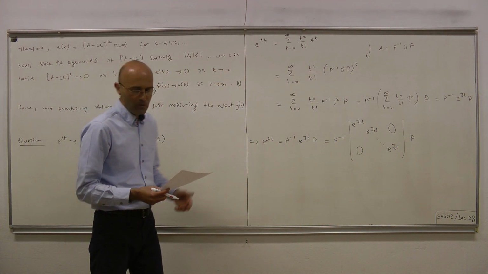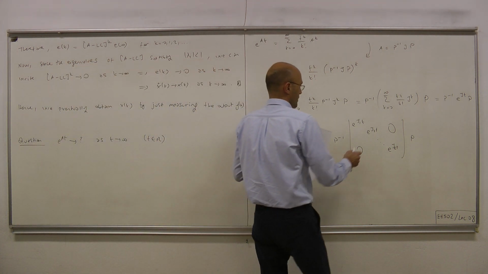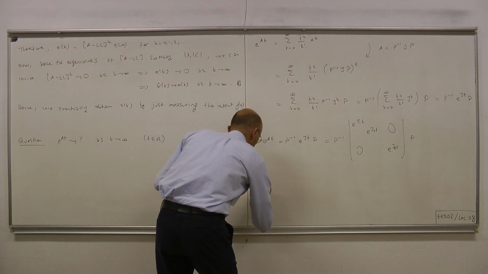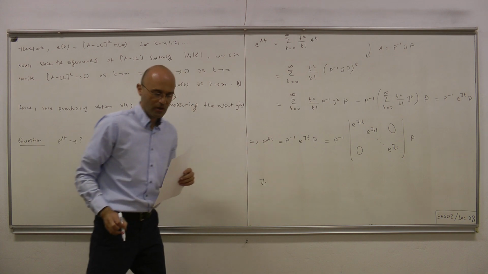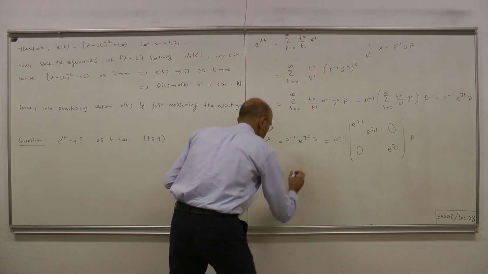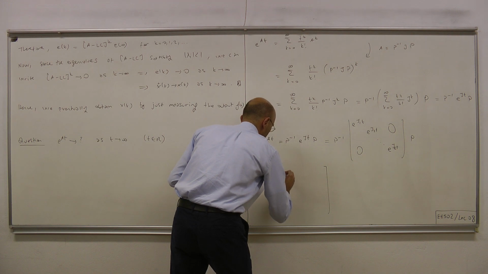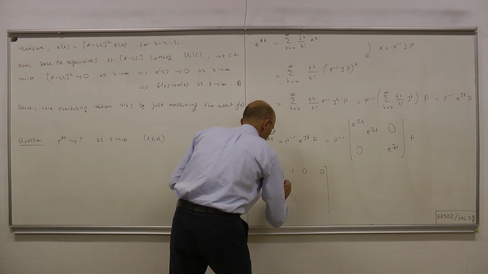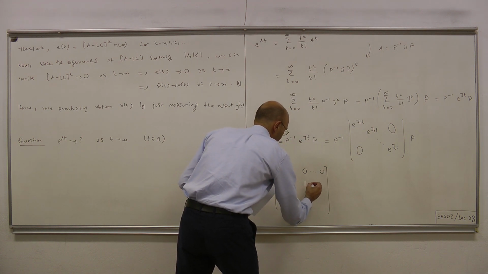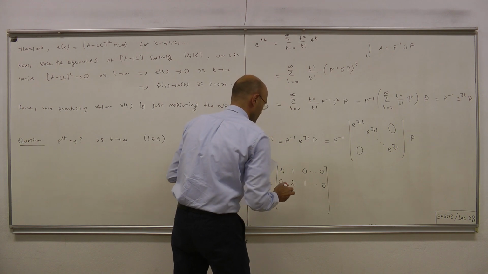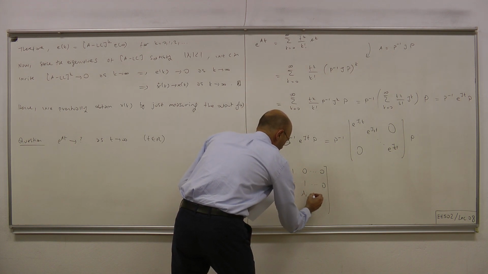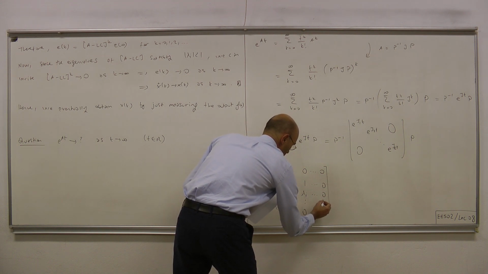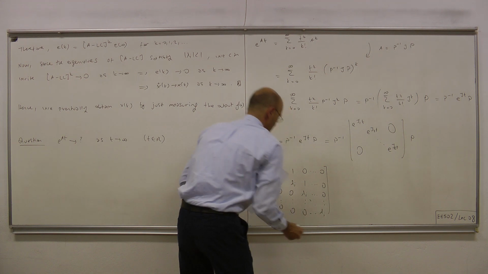Now let's take an arbitrary Jordan block. Let's call it Ji. Remember, it had this form: lambda i, 1, 0, 0, 0, lambda i, 1, 0, 0, 0, lambda i, and so on.